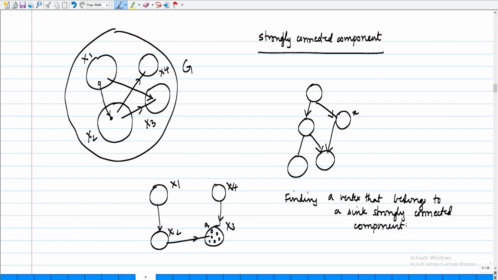So now let us go back to our pre-visit, post-visit numbers. Can you make any statement about a vertex, or what kind of a pre-visit number or a post-visit number should such a vertex get which belongs to a sink strongly connected component? Sorry? Difference is 1 between what? Okay, so his claim is that, so I will write your claim.